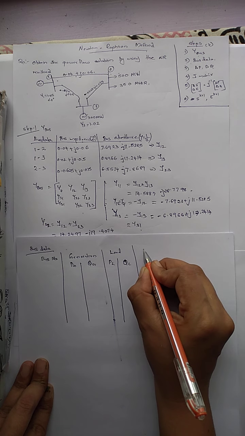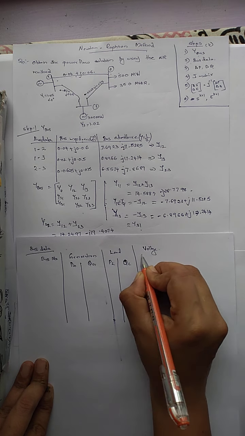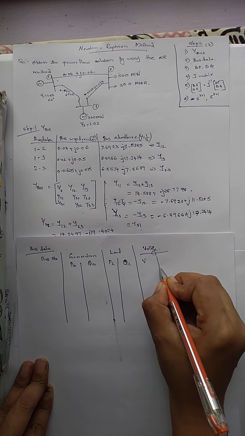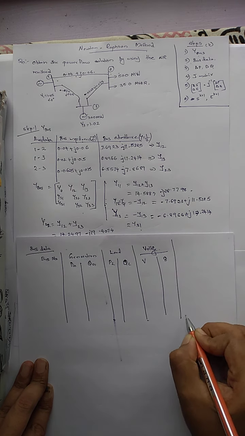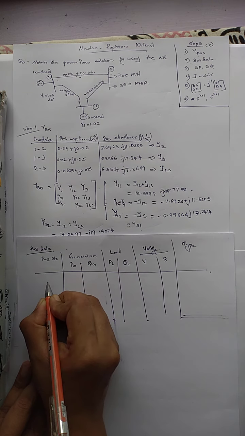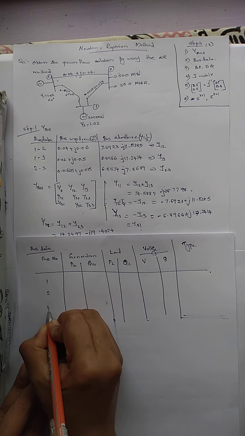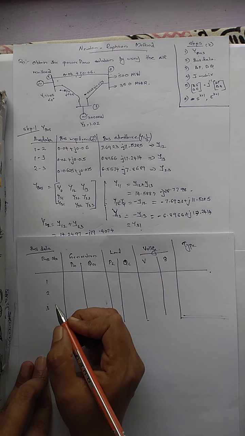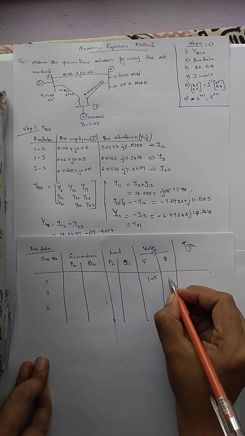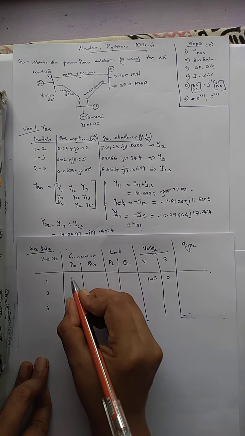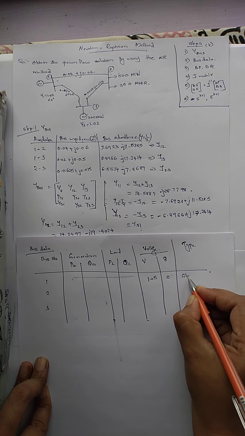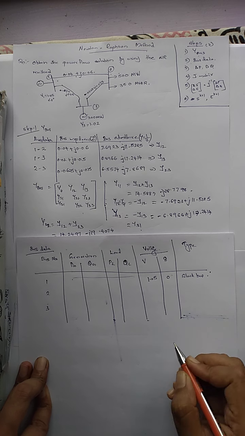Then we have to check the voltage values, V1 angle delta, and finally we will decide what type of bus it is. Here we have 3 buses. In the first bus it is given 1.05 angle 0. The other values are not given, so I can say this is our slack bus without any doubt.